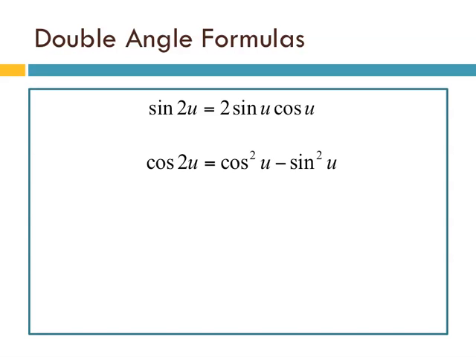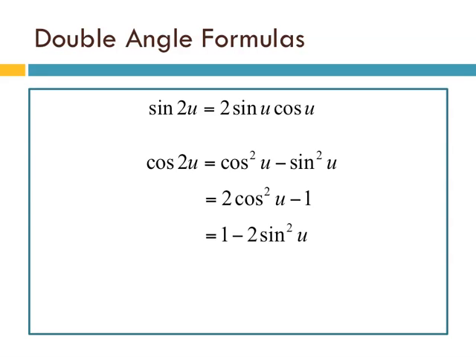Okay, cosine of 2 times u is equal to cosine squared u minus sine squared u. Now, this one does have multiple forms because as you can see there's a sine squared, there's a cosine squared. You could replace with the Pythagorean identity to get other forms. So another form would be 2 cosine squared of u minus 1.